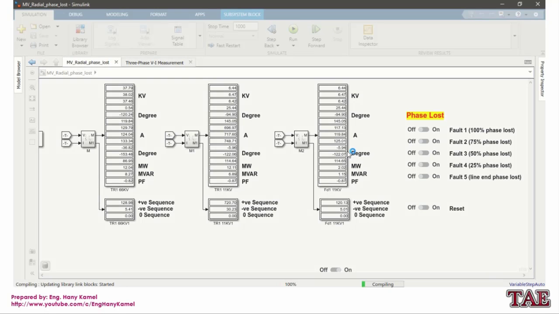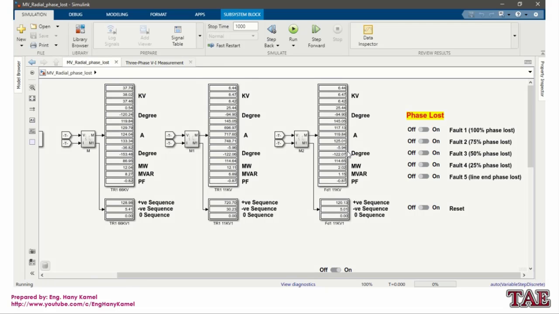Now we'll run our model. We can see the measurements.